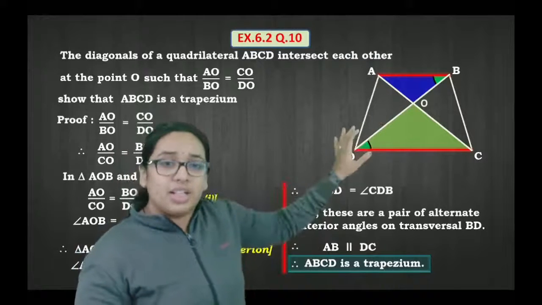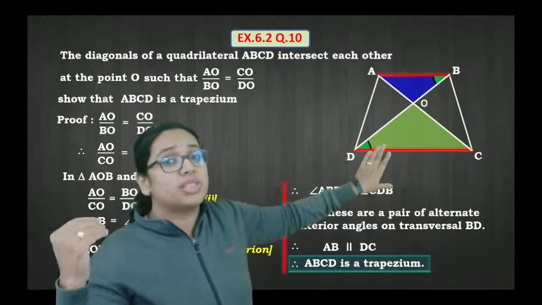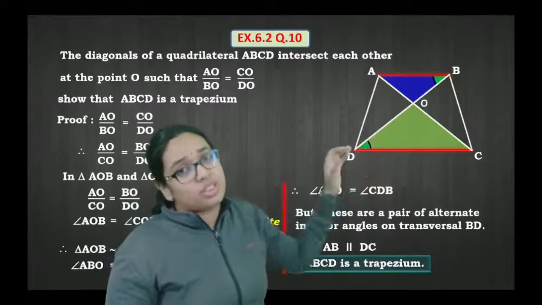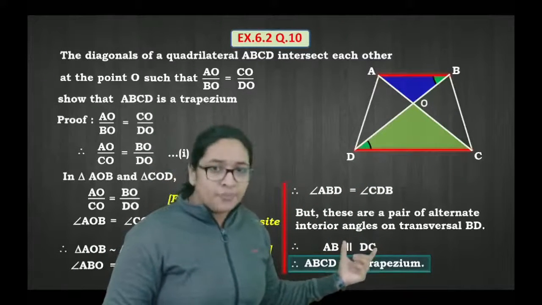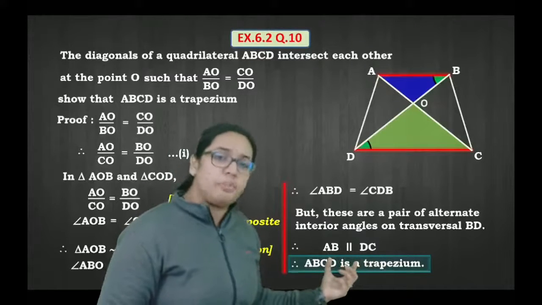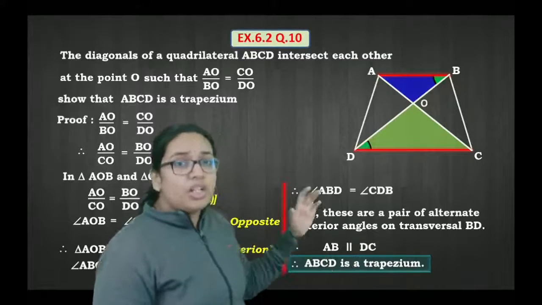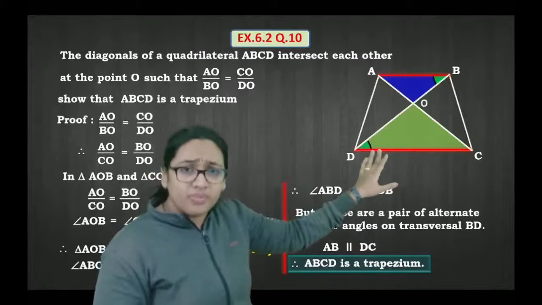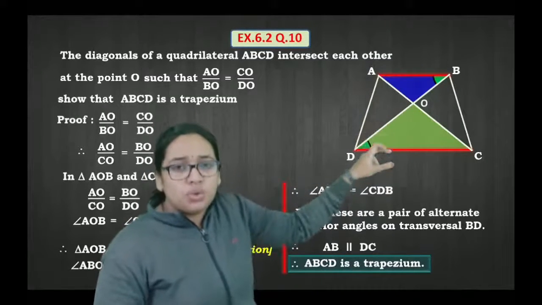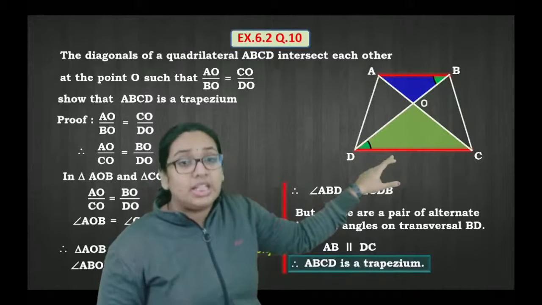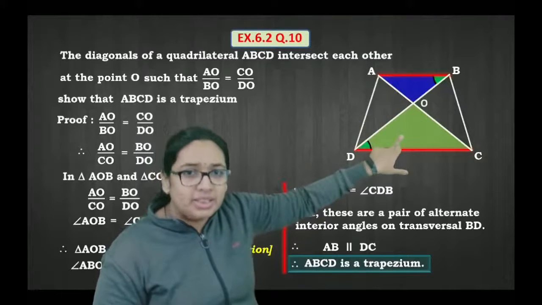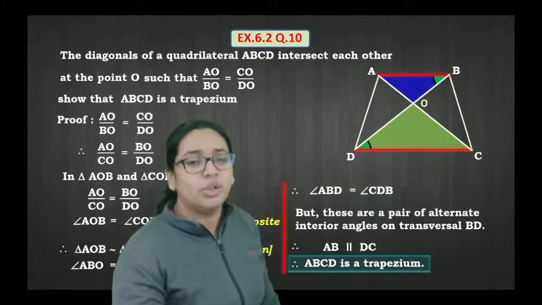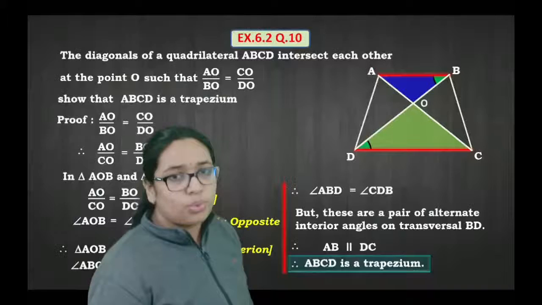If the angles in the Z are equal, it means that those are nothing but a pair of interior angles, then these two sides will be parallel to each other. And if in a quadrilateral any one pair of opposite sides is parallel, then that quadrilateral will be a trapezium. So this is all about our question number 10.